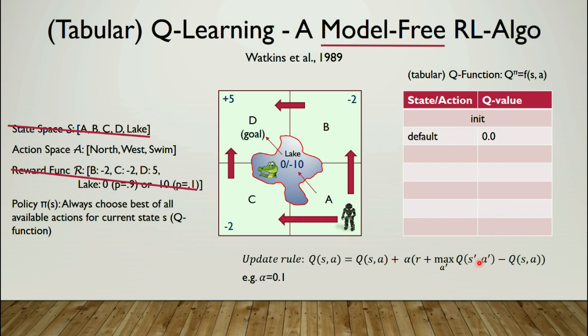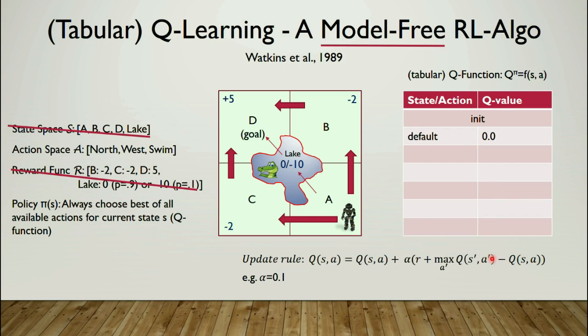This change is the difference between the new belief of this value and the old belief of this value. This is the old belief, the one that we thought was the Q value before we made this step.